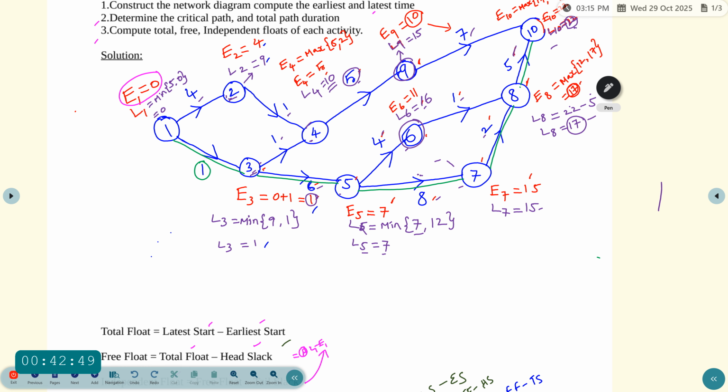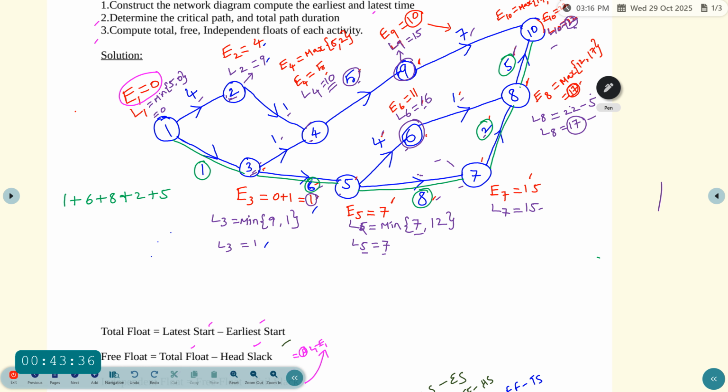So add the durations: first duration 1, plus 6, plus 8, plus 2, and then the last one 5.